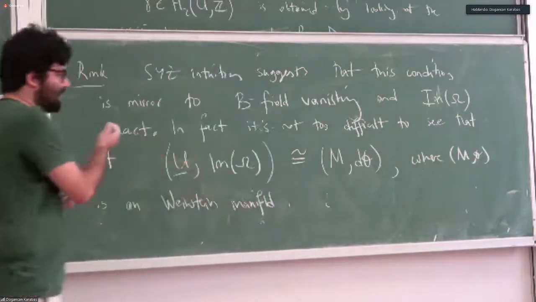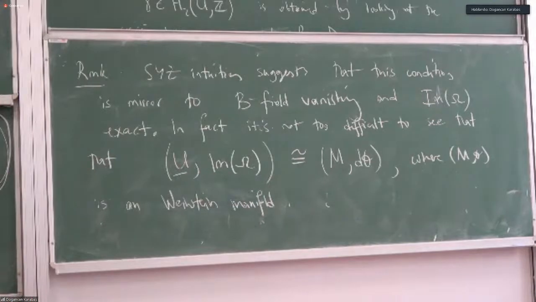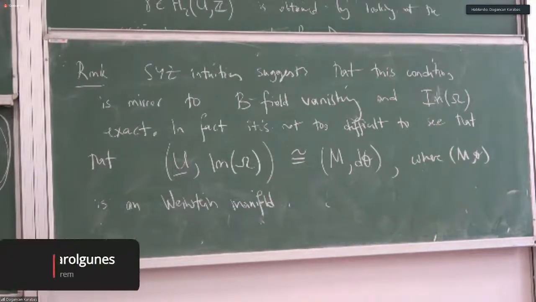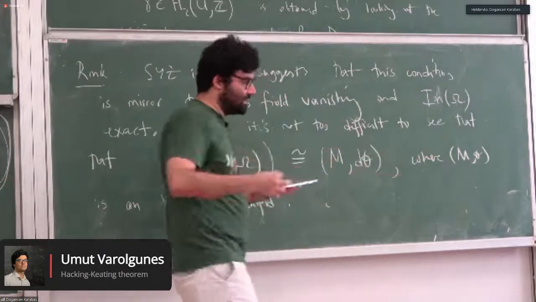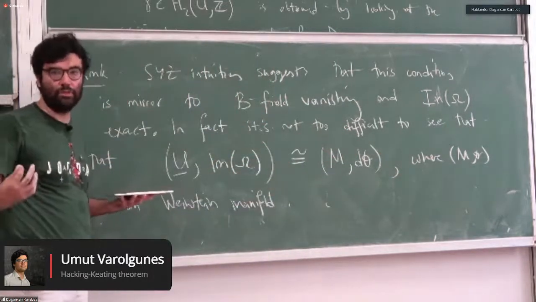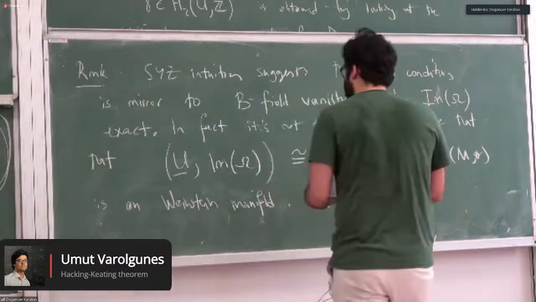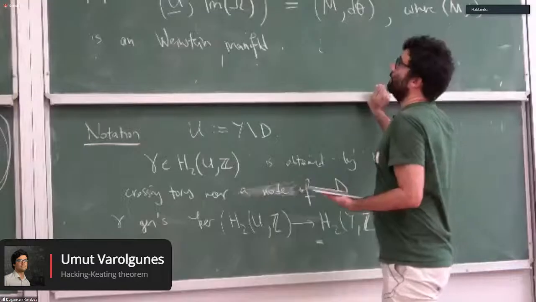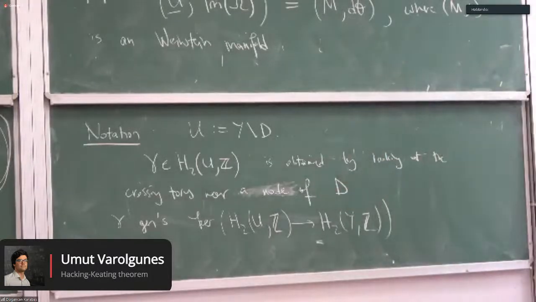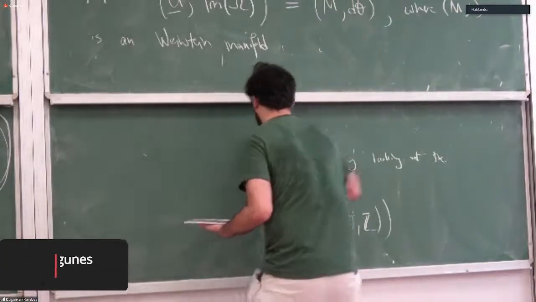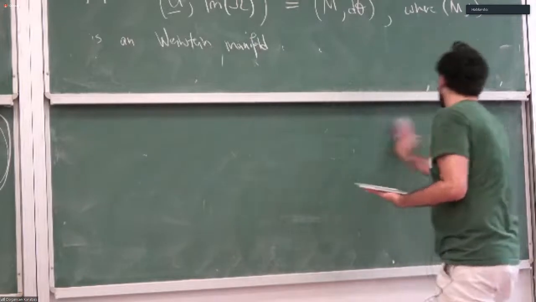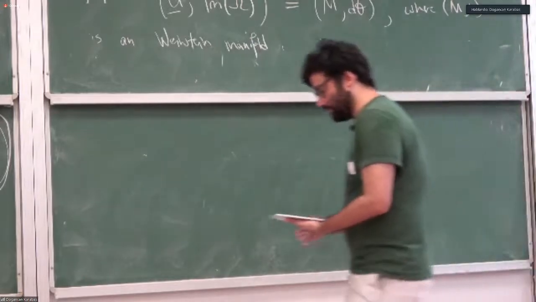And in fact, we can explicitly describe which Weinstein manifold this is by looking at a toric model. And Doğancan will explain this Weinstein manifold, I think. It's obtained by attaching stuff to the cotangent bundle of the torus. Okay, so now, the theorem.